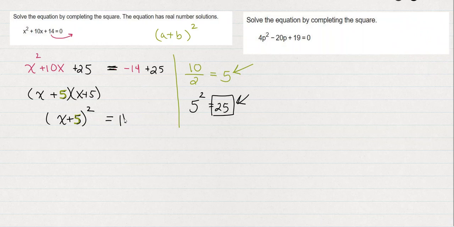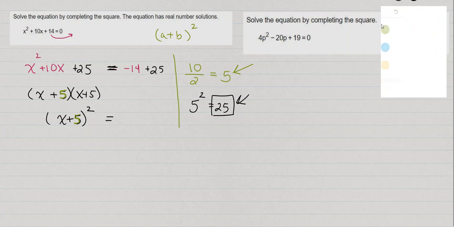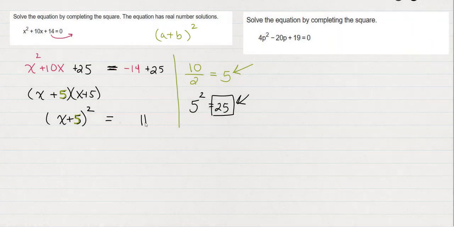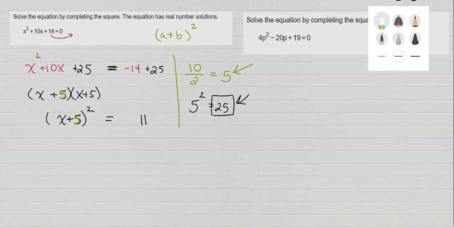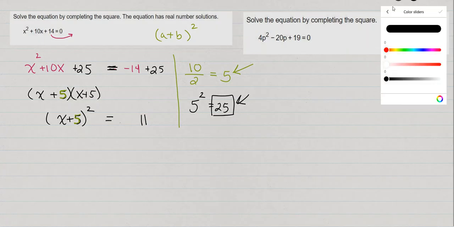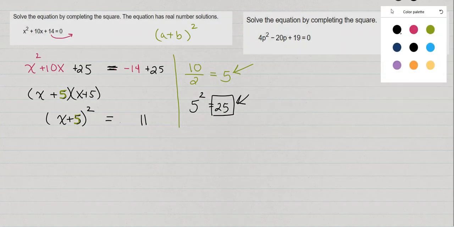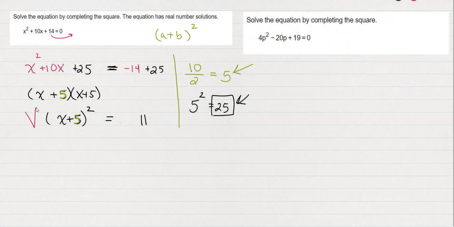And if I were to now take the square root of both sides, let me write that just a little bit differently. I'm going to leave myself a little bit of space. Applying the square root property, I'm going to add in this next step of taking the square root of both sides. Don't forget, when we use the square root principle, that it's going to be the positive or negative square root of 11.